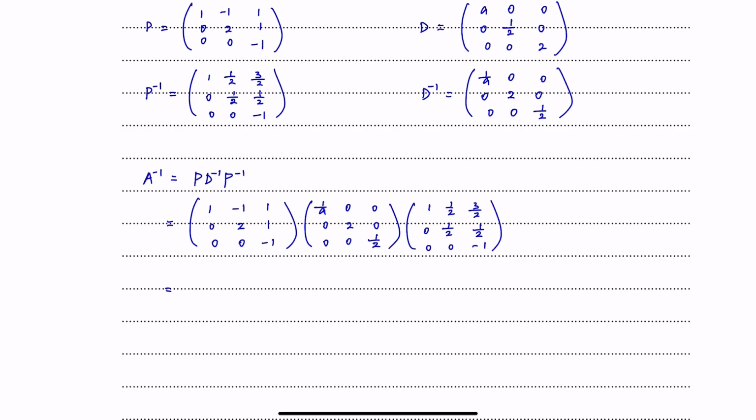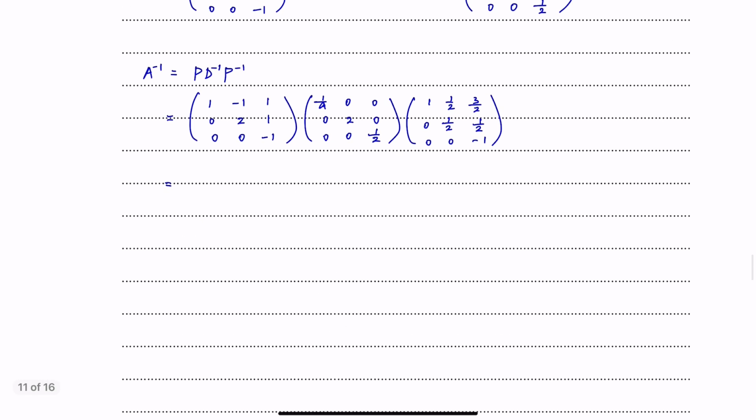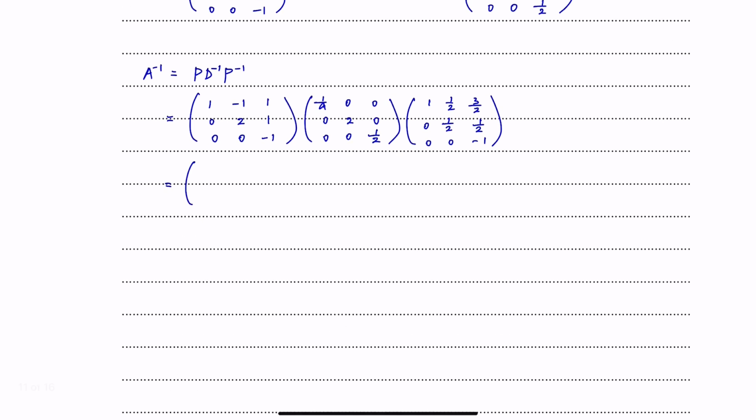So now we just have to multiply all the matrix together. So let's deal with the first two. So I'll get 1 over a, -2, half, 0, 4, half, 0, 0, -half. And I'll copy the third matrix. And now I'll multiply them together.